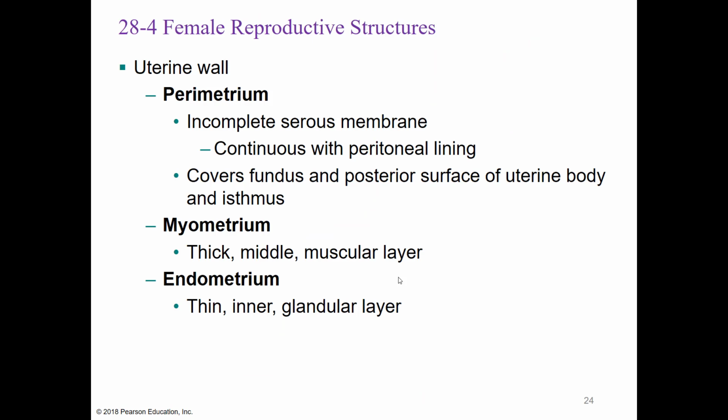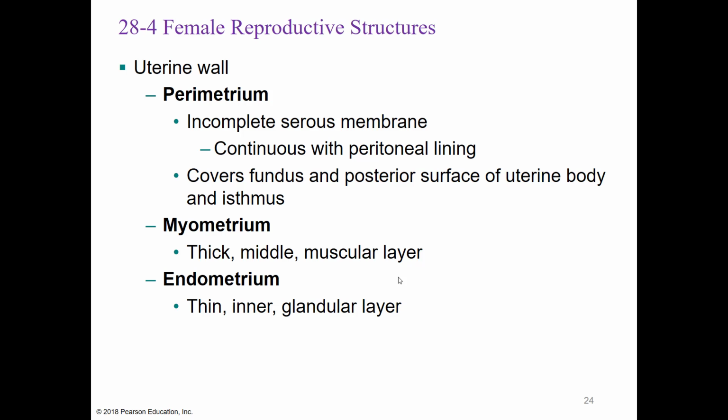So if we were to look at the uterine wall specifically, if we were to cut a chunk out of the uterine wall and examine the layers in the uterine wall, we would see three distinct layers. We have the perimetrium, which is the outermost layer of the uterus. It's an incomplete serous membrane that joins with the peritoneal lining of the abdomen, covers the fundus and the posterior surface of the uterine body and isthmus.